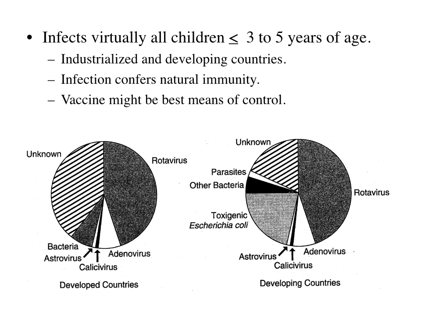So rotavirus is a problem in industrialized and developing countries. Infection will eventually confer natural immunity, but vaccines could be the best means of control.